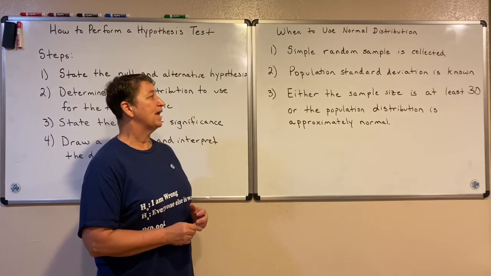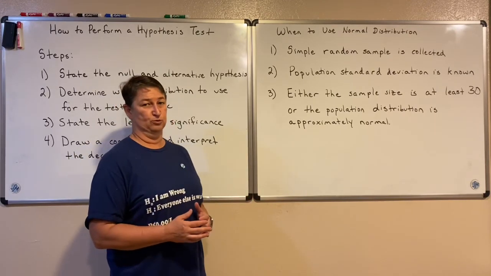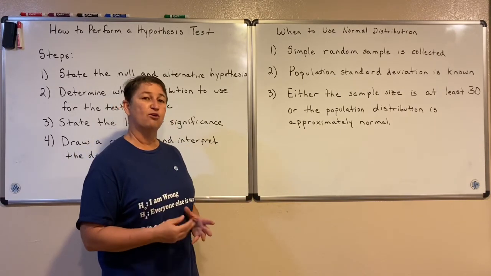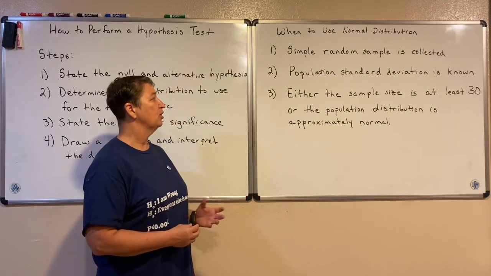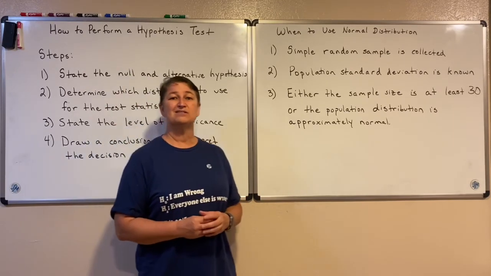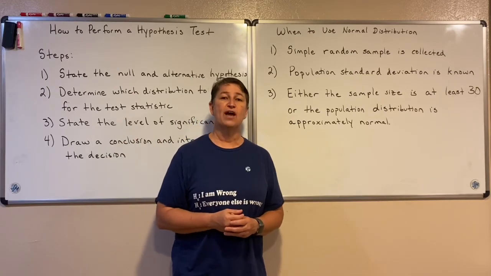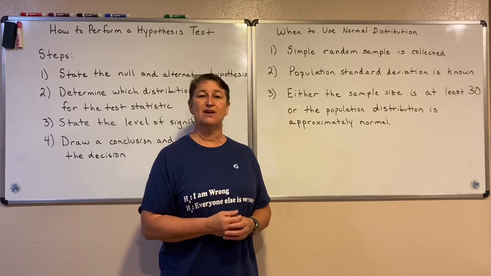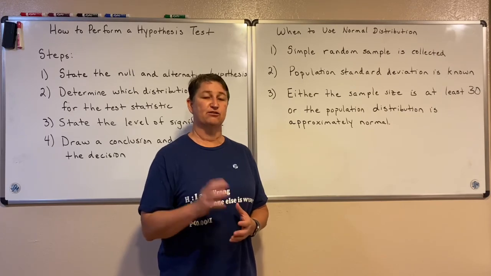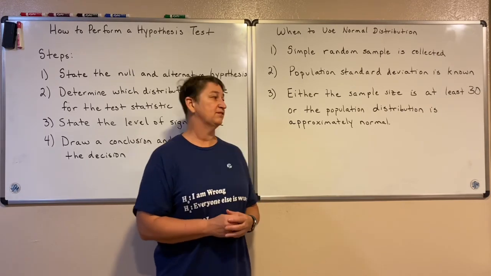Then, when can we use our normal distribution? When is it that a test statistic falls into a normal distribution? Well, first we have to collect a simple random sample. In other words, every member of our population must have an equally likely chance of being chosen to be in that sample.